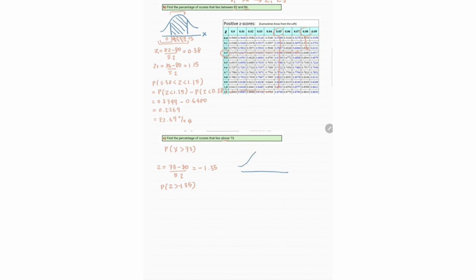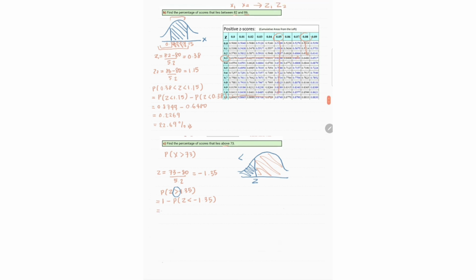So here I'll explain why it is different. The z-score table that we are looking at right now gives the value which is less than, but now we want to find more than 73, which means we want to find the area of this. So how we can do it is to rewrite the formula as 1 minus the probability of z less than negative 1.35.